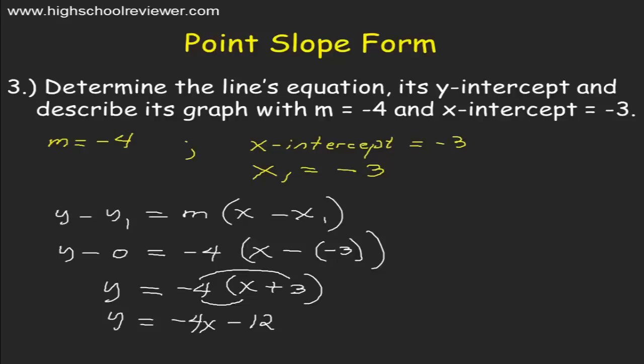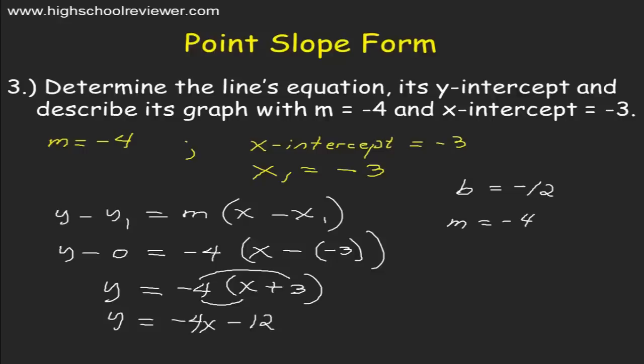So we now have our b, or the y-intercept. Our b here is negative 12, and our slope is negative 4.